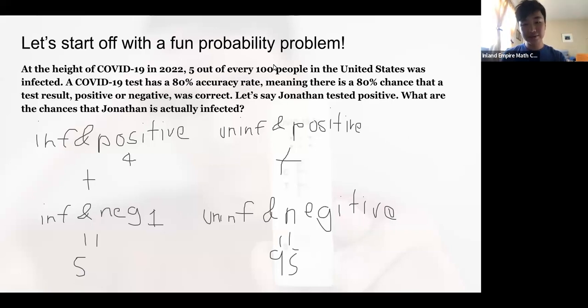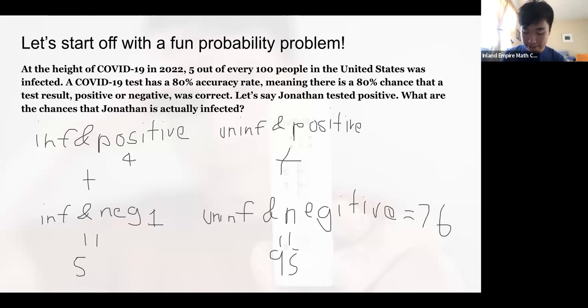If we multiply 95 times 80%, or 0.8 if you want to plug it into the calculator, then we will get 76, which is kind of a messy number, but it emerges because 95 times 4 out of 5 is 76.